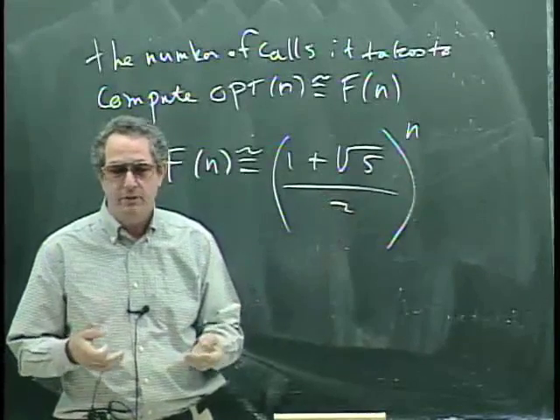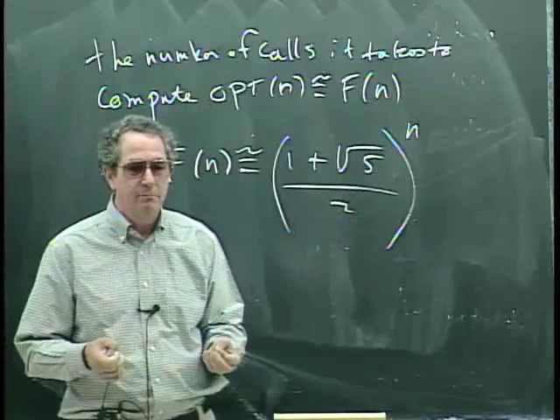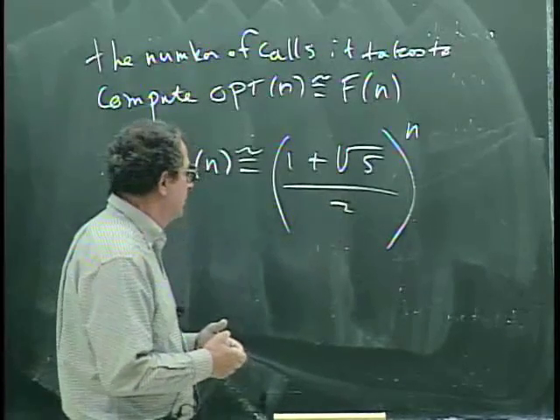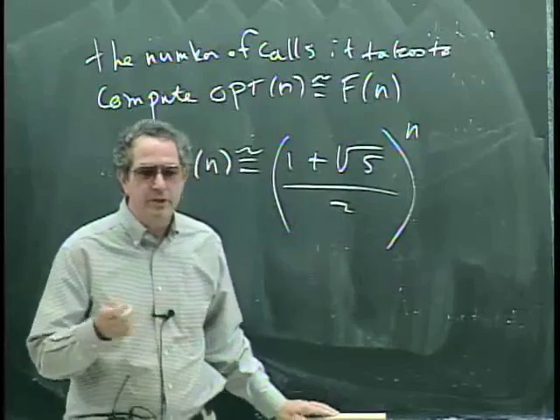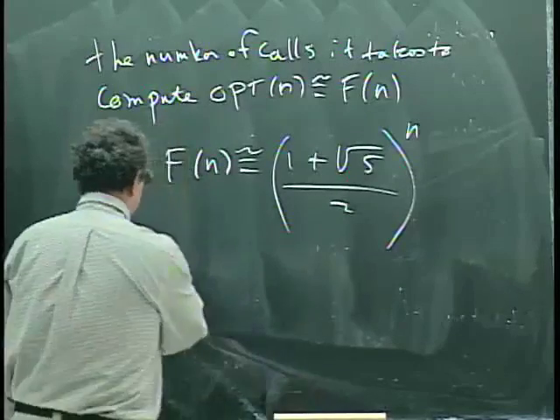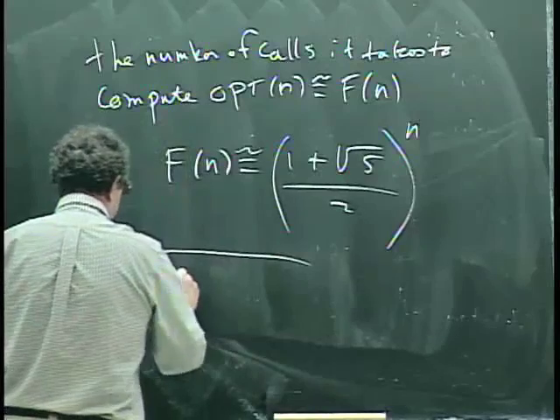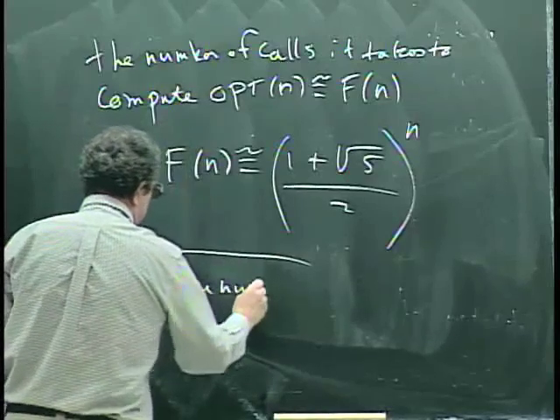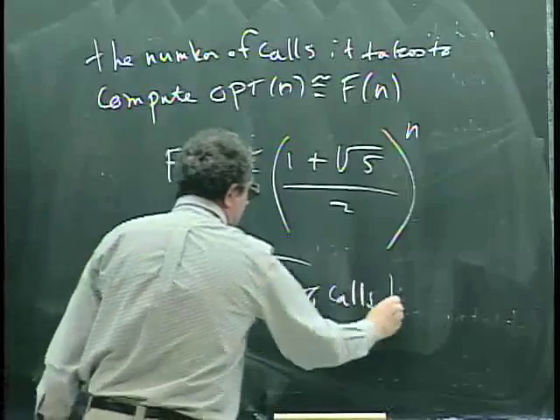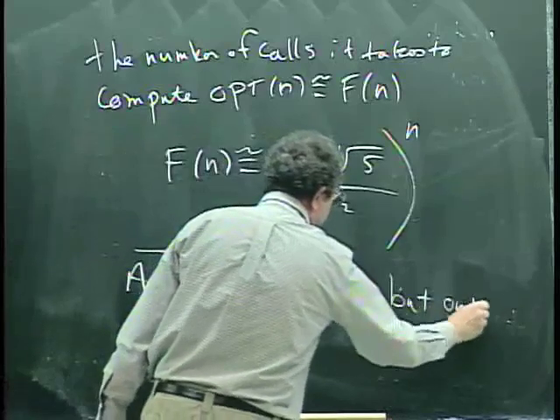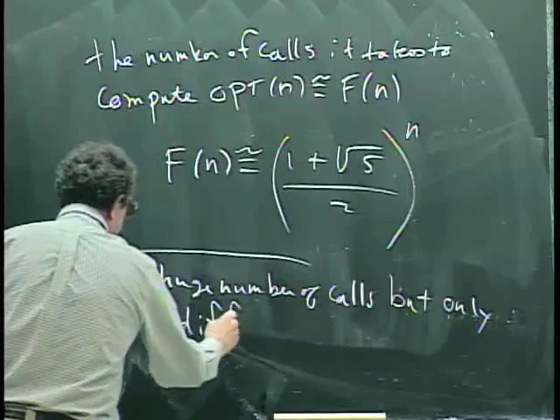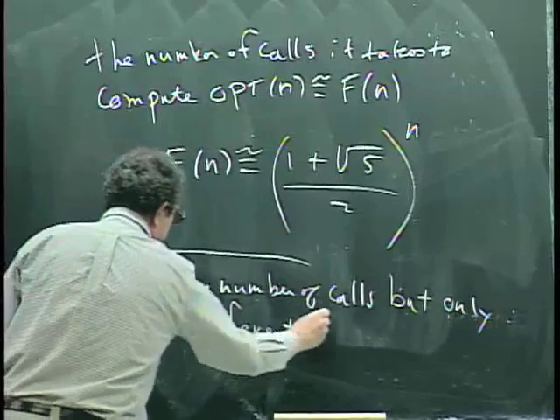So a very small number of different types of calls, but a huge number of actual calls, and only n minus 1 different types of calls.